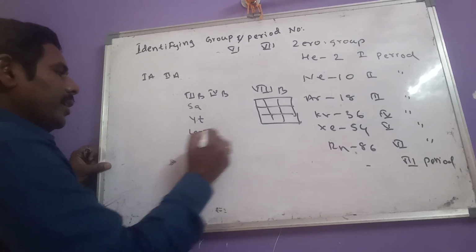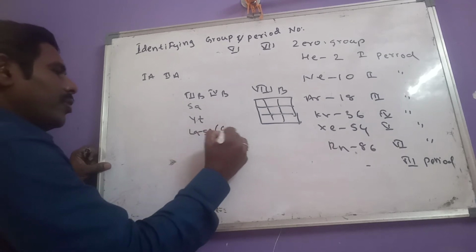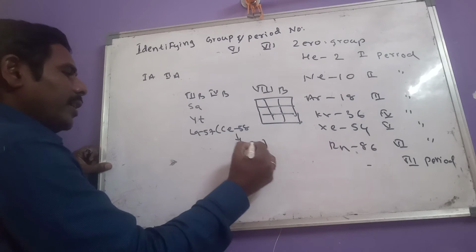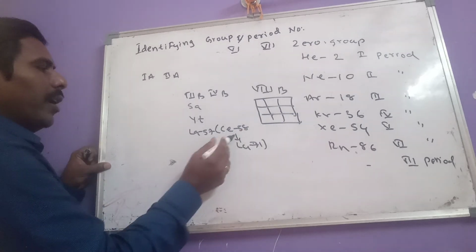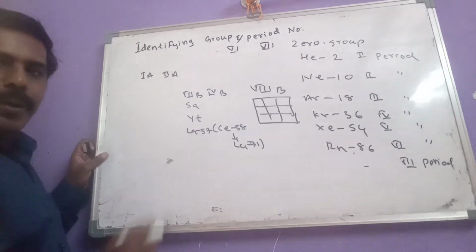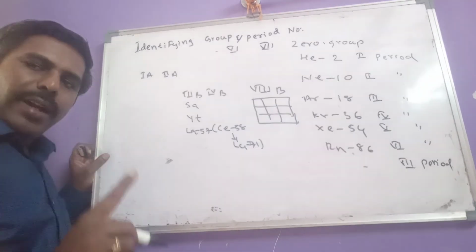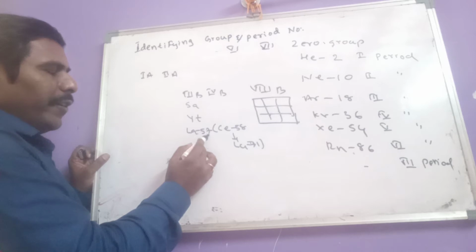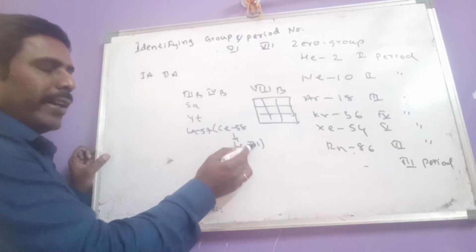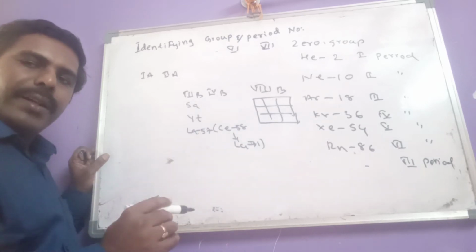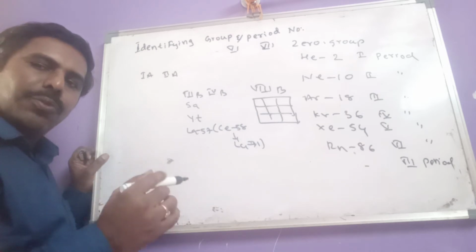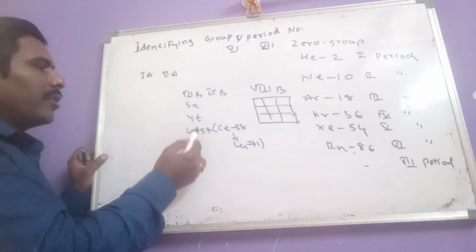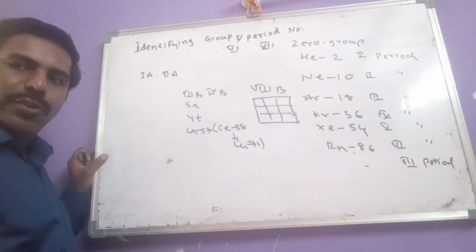But here, cerium 58 to lutetium 71, all these elements also belong to third B group only. So we have to identify these atomic numbers. If any atomic number from 57, 58 to 71 is given to identify the group number and period number, we have to say it belongs to third B group.